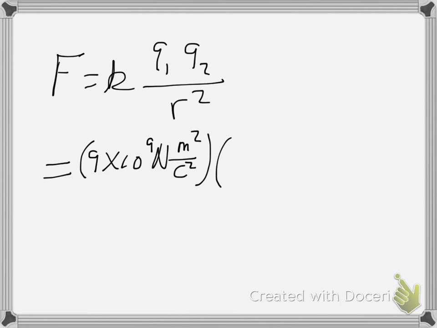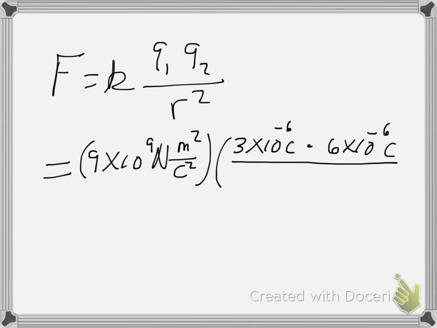Then we have 3 times 10 to the negative 6 coulombs times 6 times 10 to the negative 6 coulombs, divided by 0.15 meters quantity squared.